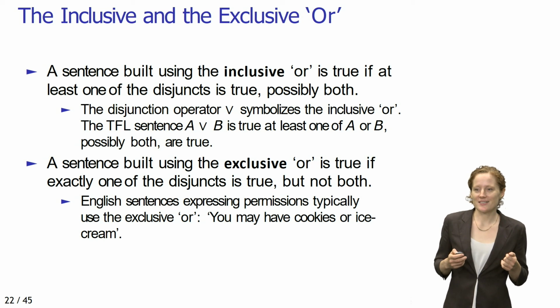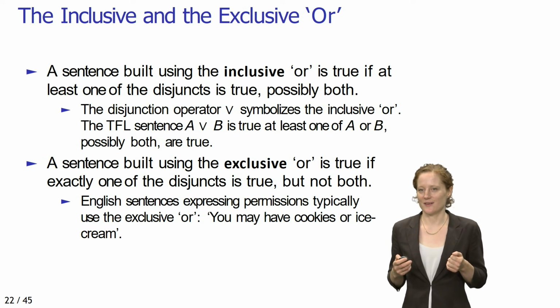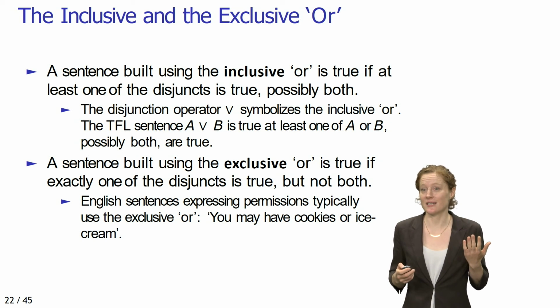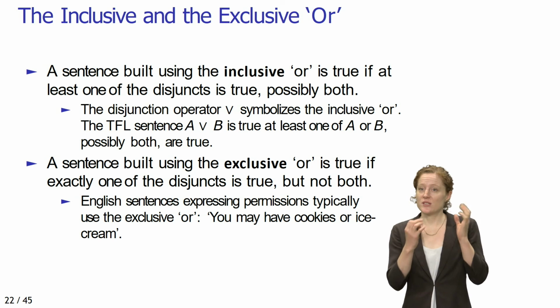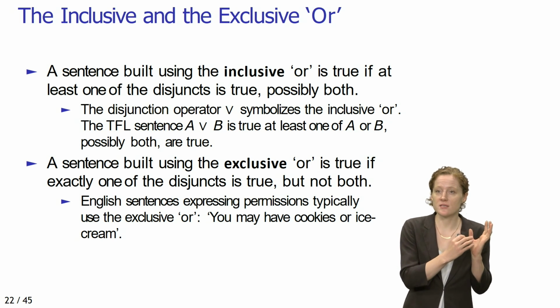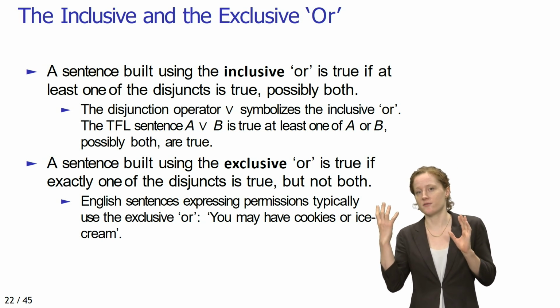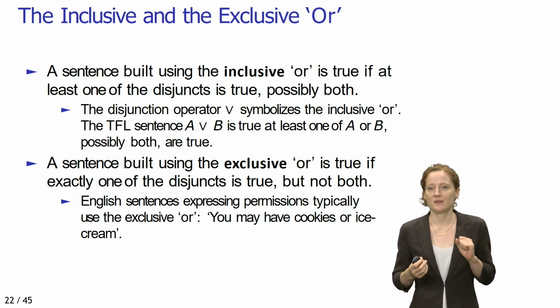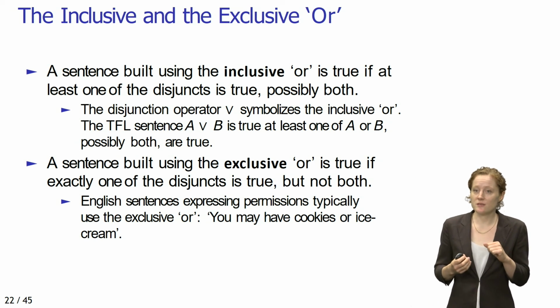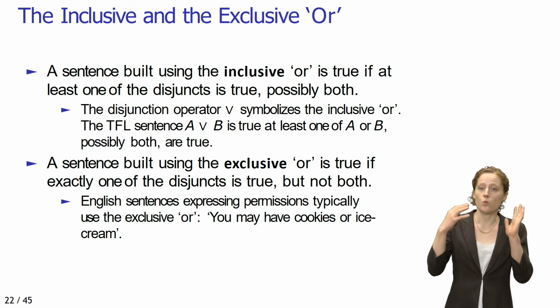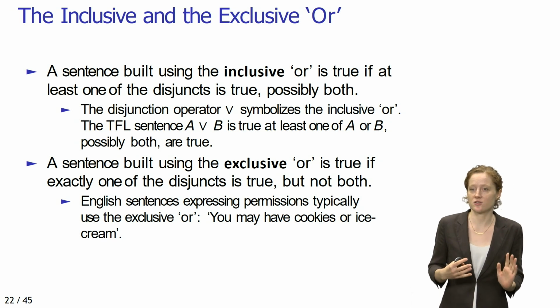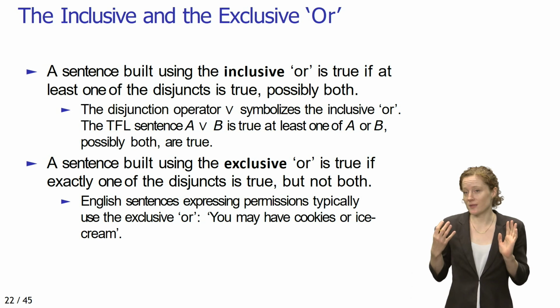Now this definition of the meaning of the disjunction is a little tricky because of an important distinction between the so-called inclusive and the so-called exclusive or. A sentence built using the inclusive or is true if at least one of the two disjuncts is true, and possibly both.